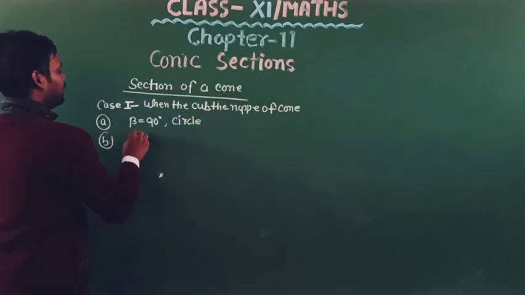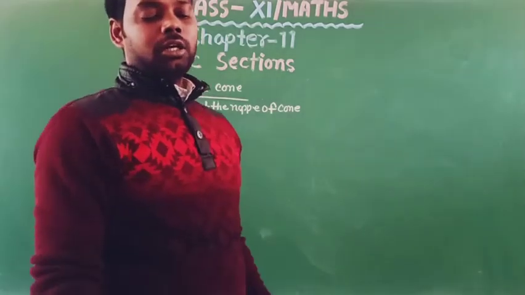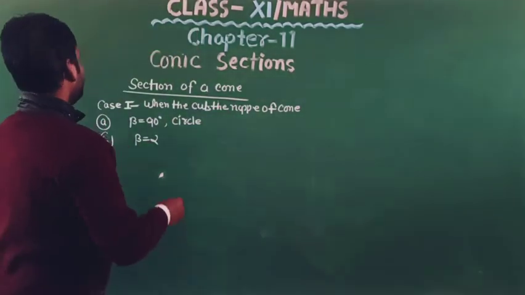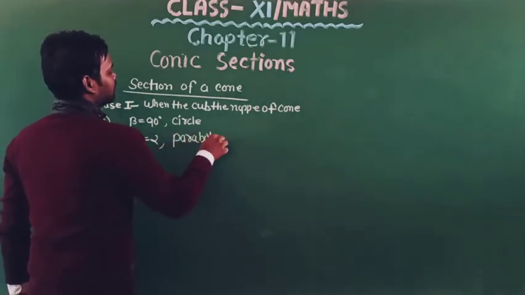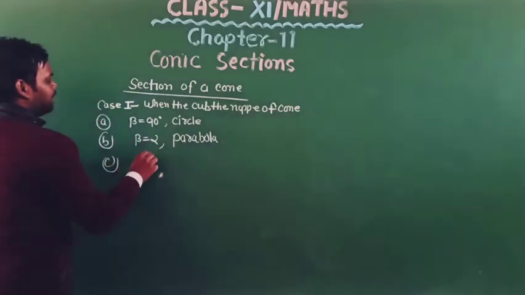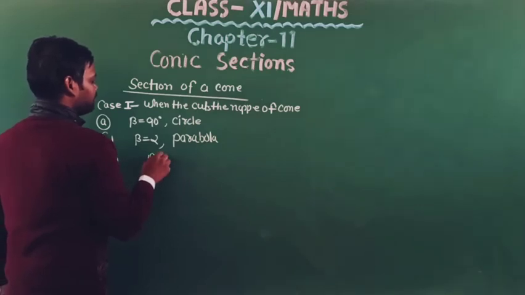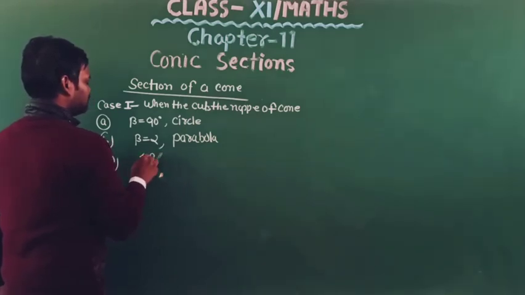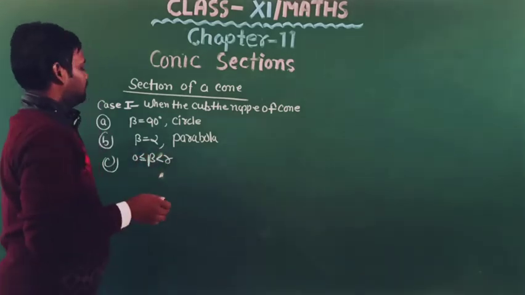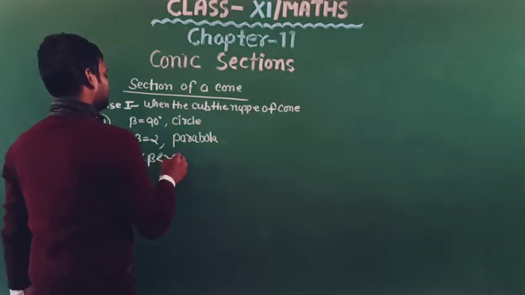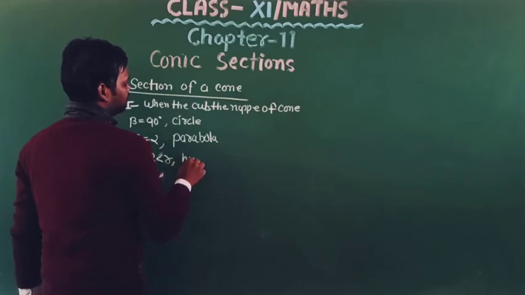B: when beta equals alpha, in this case the section obtained is a parabola. C: when beta is greater than or equal to 0 and less than alpha, in this case the section obtained is called a hyperbola.